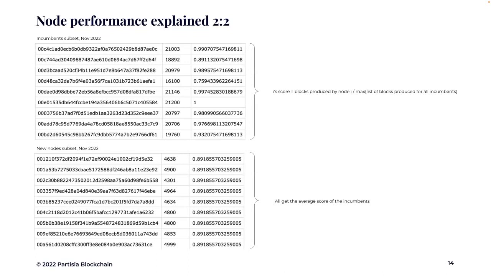The new node operators basically get the average score of the incumbents in a given month. You can see here, in November 22, this is the actual number. We have these new node operators all getting this score of 89%.